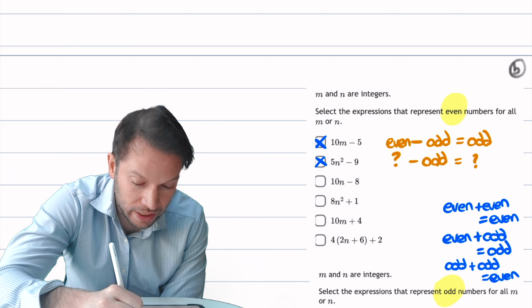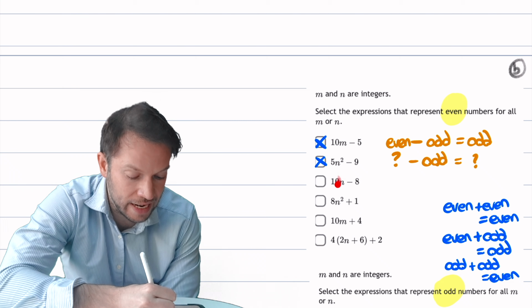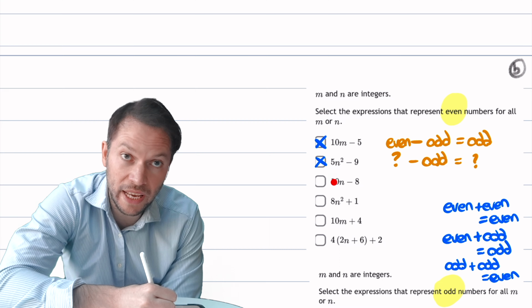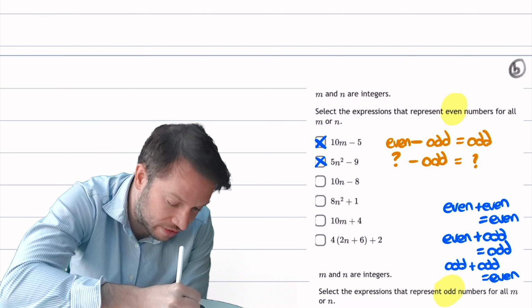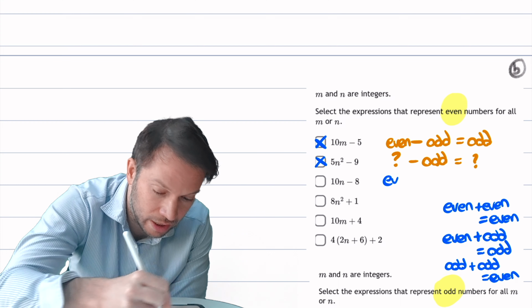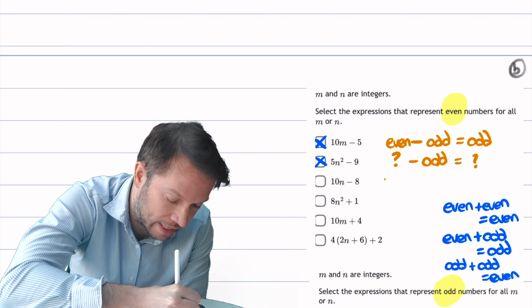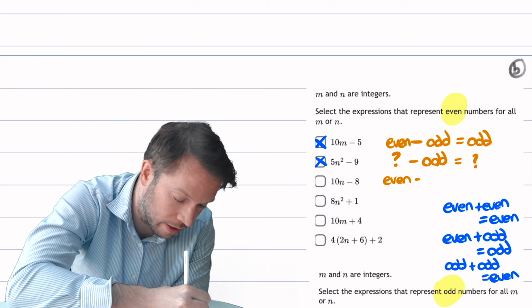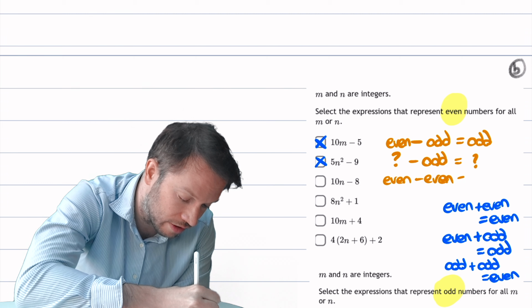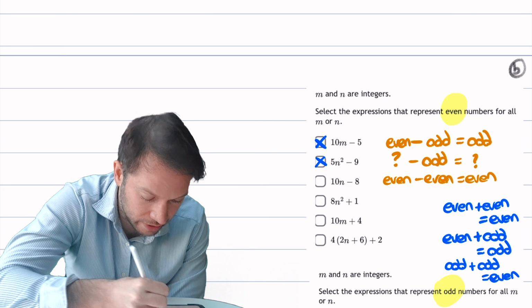Now, the next one is easier because 10 has a factor of 2, so it is even, and we're subtracting 8, which is an even number. And basically, if both of the numbers we're adding or subtracting are even, or they're both odd, then we know that you're going to get an even result. So this one is even, that's okay.